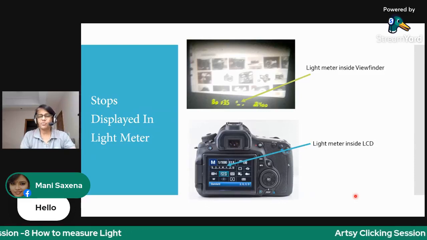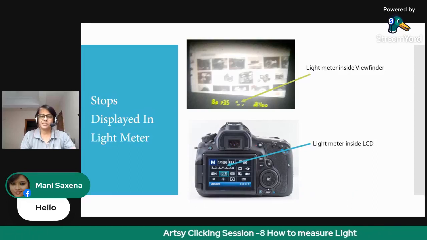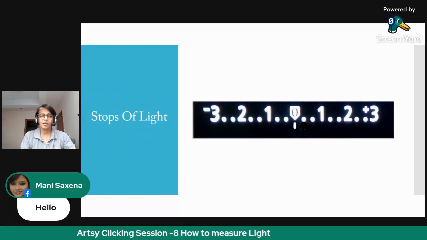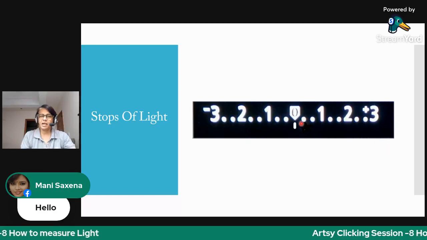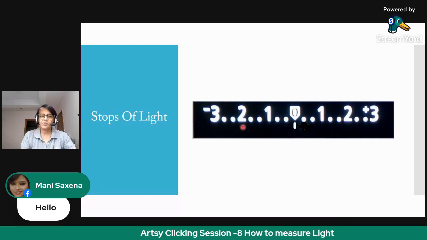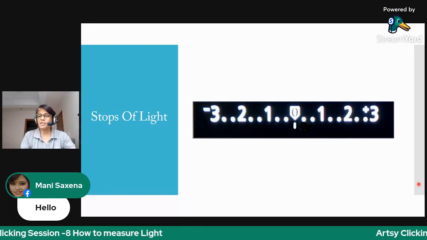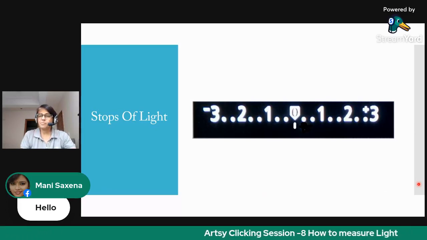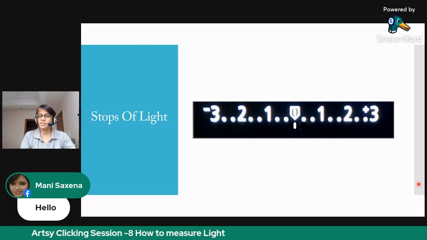Most light meters go from +2 to -2, and some go from +3 to -3. So a light meter looks like this, and the numbers are stops: +1 stop, +2 stops, +3 stops, -1, -2, and -3 stops. 0 means the camera is receiving the correct amount of light and is based on 18% reflection to reproduce an image similar to the scene which you are trying to photograph.